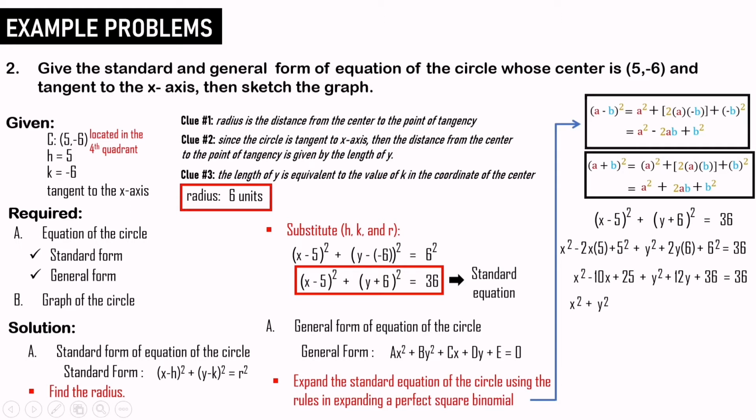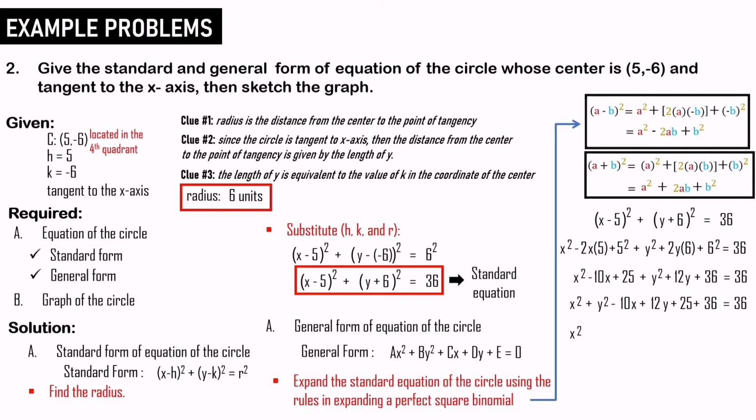So, kaning 10x minus 10x and then kanidayong na ay y plus 12y plus mga constants na dayon 25 plus 36 equals 36.